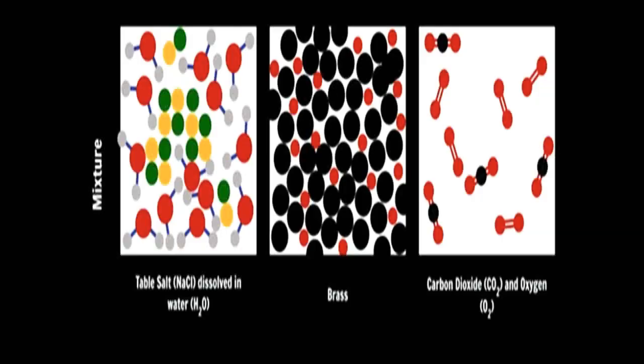Students, look at this slide. Here I have taken a solution of NaCl and water. You can see here the water molecule, the oxygen with the two hydrogen atoms attached to it. You can see here also the oxygen, the water molecule. But look at here.